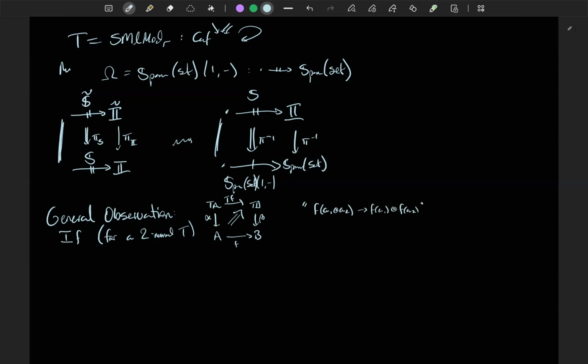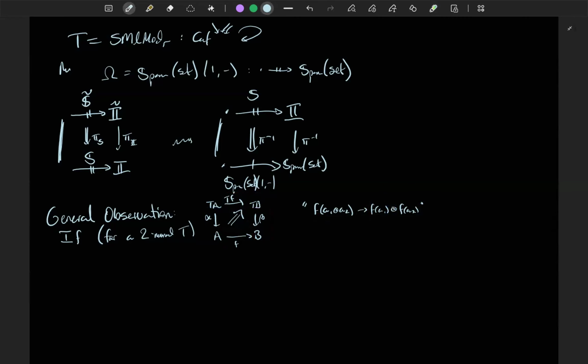That's the colax monoidal direction, and this corresponds to saying that F of some formal thing, some evaluation of a formal thing, goes into the evaluation of the functorial application of F. So we're applying it to each component.